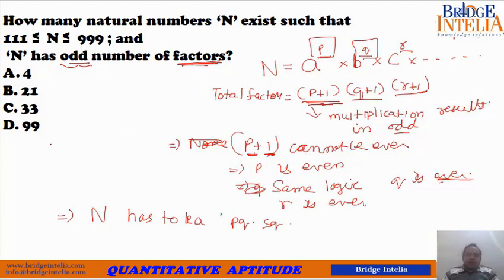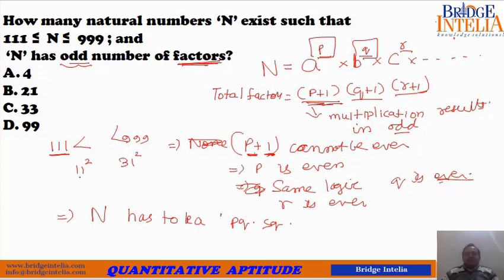So how many perfect squares exist in this range? The first perfect square that falls in this range is 11 square, that is 121. And the last perfect square that falls in this range is 31 square.